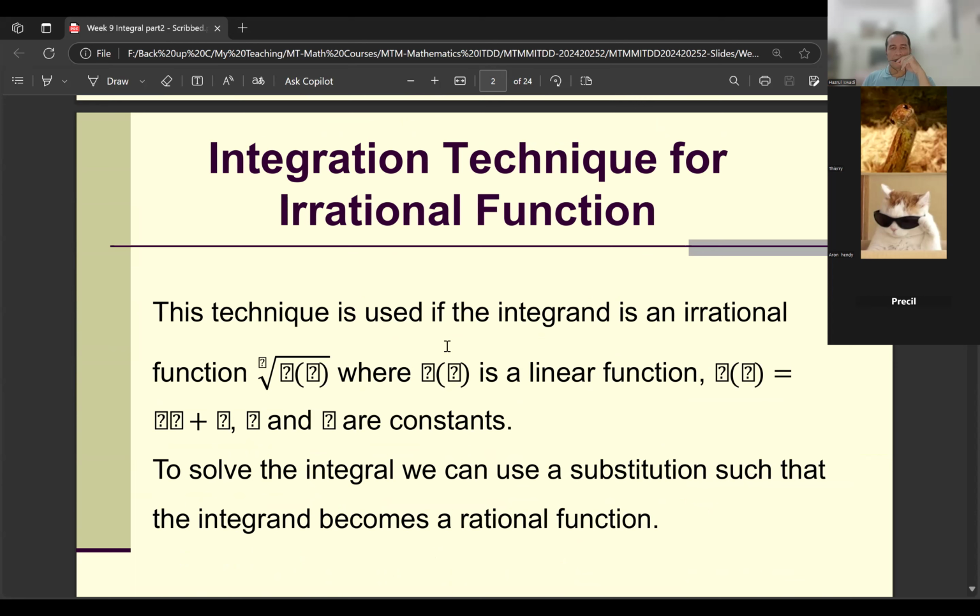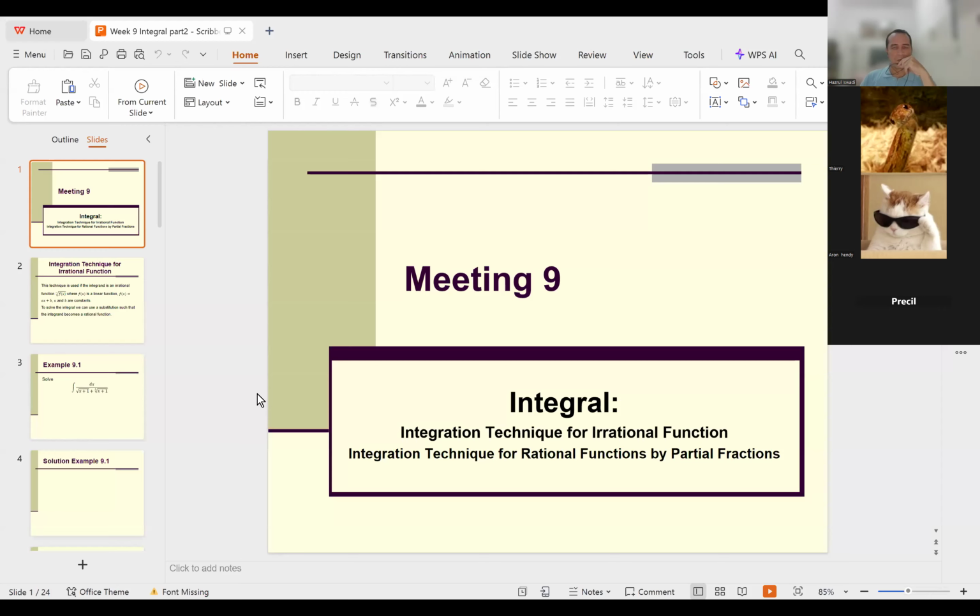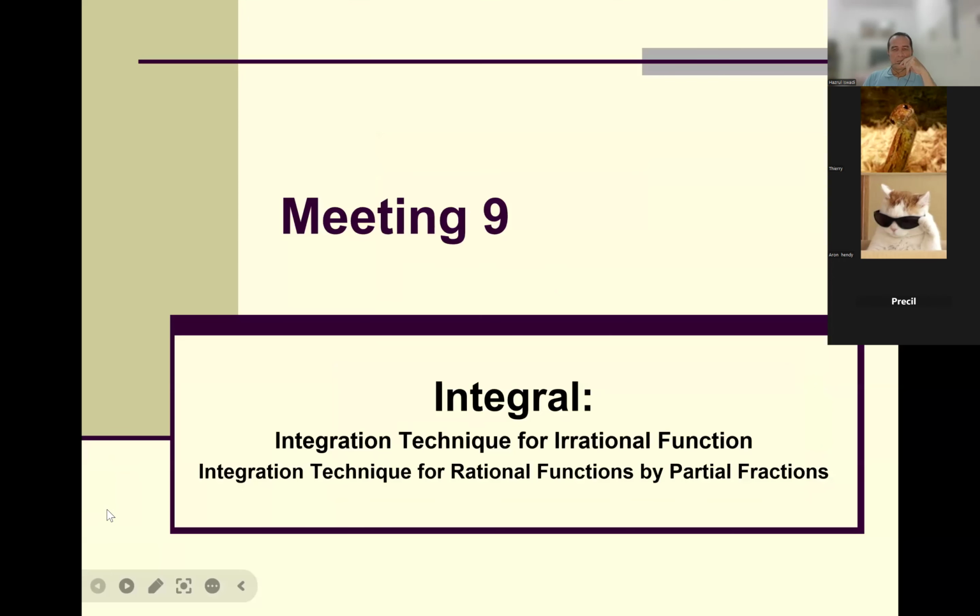Something wrong with the symbol. Can you see my slide?